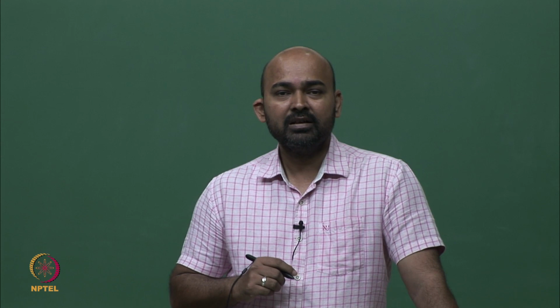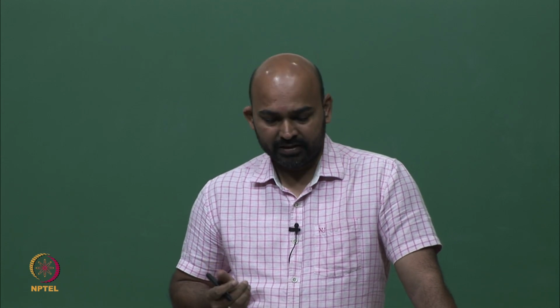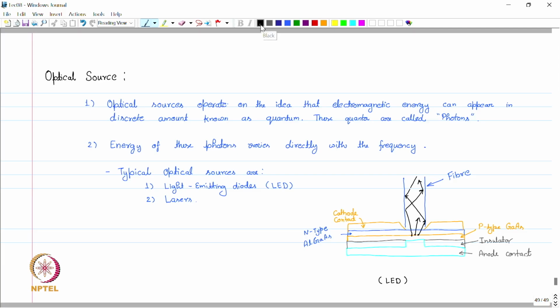However, silicon is an indirect band gap semiconductor. If we plot briefly the band gap of silicon, the maxima of the valence band and the minima of the conduction band are not at the same k point, which is the momentum axis.